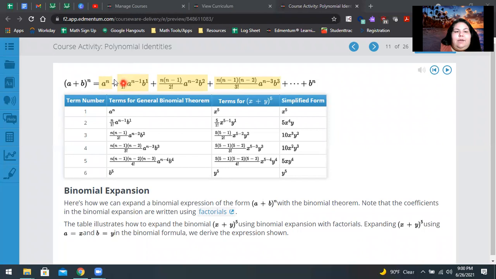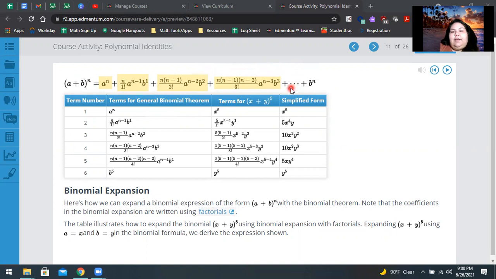So it's going to be n, whatever that value is, over 1 factorial. Factorial is something new that they're bringing up here, and I'll explain that shortly. But first focus on that part: n, and then n minus 1. You move on to the next term, it's n minus 1, n minus 2.